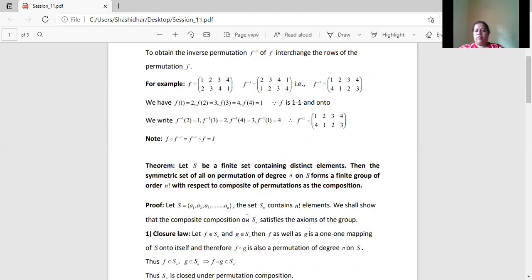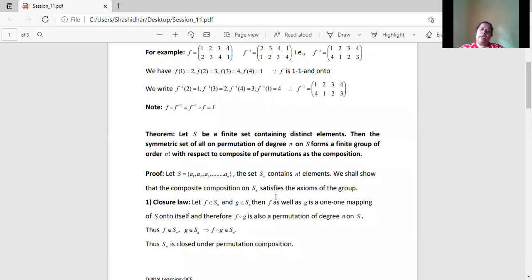Then we proved one theorem: when we have a symmetric set Sn of order n factorial, then the composition of permutations of that Sn forms a group. That we proved here, where you have to verify all the four axioms of group.